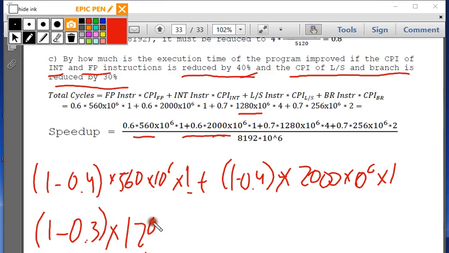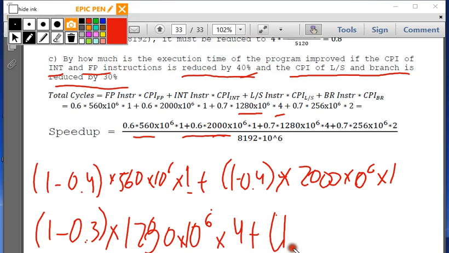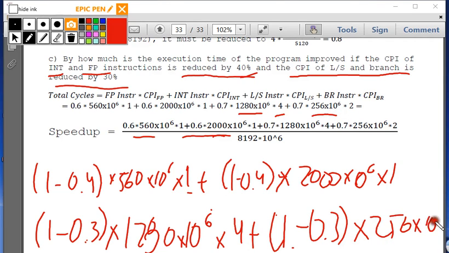Yep. 1280 times 10 to the 6 times 4, because that's our CPI, plus 1 minus 0.3, which is 0.7, times 256 times 10 to the 6, and you multiply that by 2, since that's its CPI. And then to find the speed up, you just divide that all by your original clock cycles, which we calculated in section A as 8192 times 10 to the 6. This is a sufficient answer.